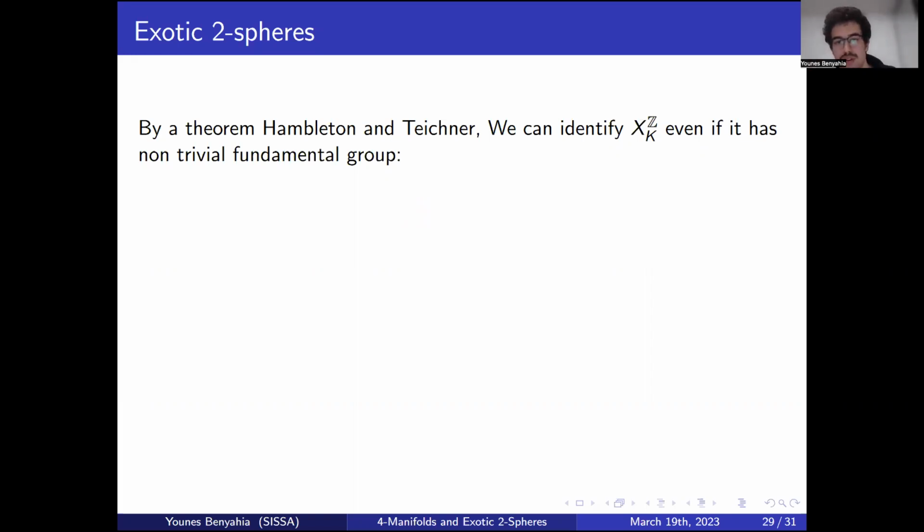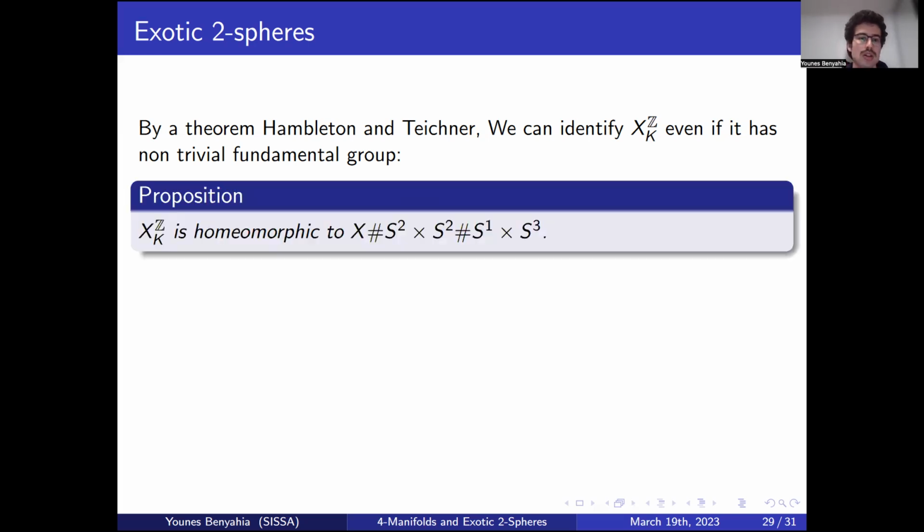Remember that Freedman's theorem works for simply connected manifolds, but in the case of not simply connected manifolds, it doesn't work. Instead, Freedman himself proved some variation of it for fundamental group Z, which is our case, and then Hambleton and Teichner improved on that, made it even nicer.